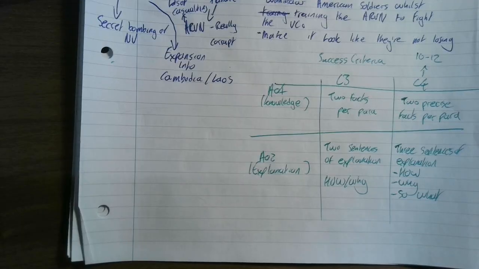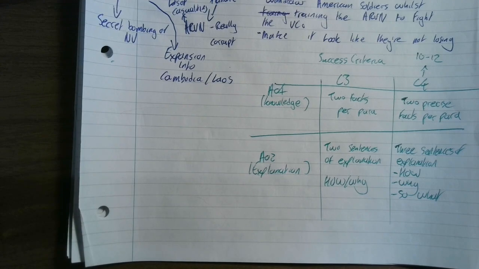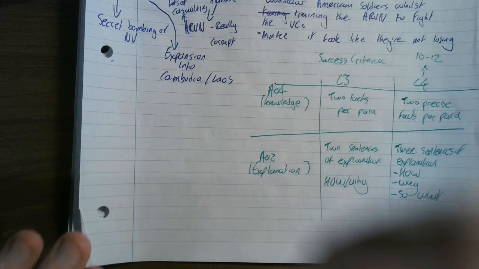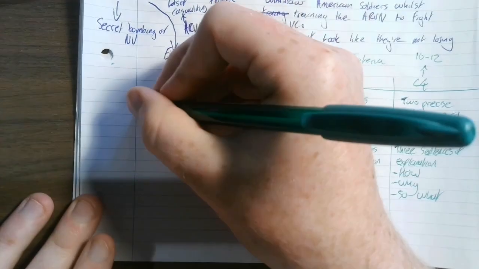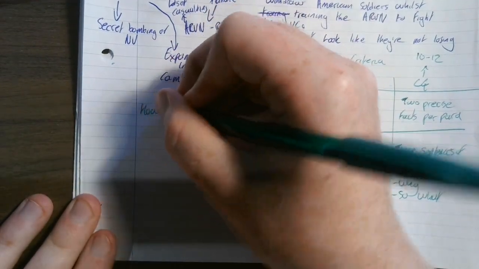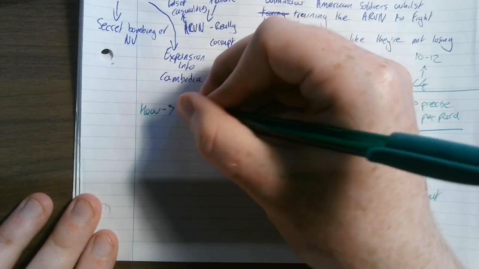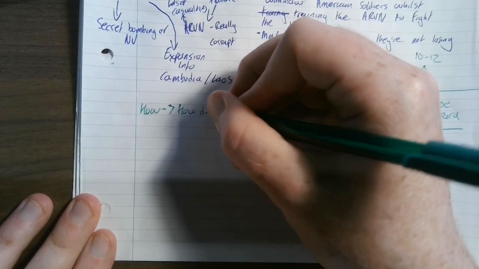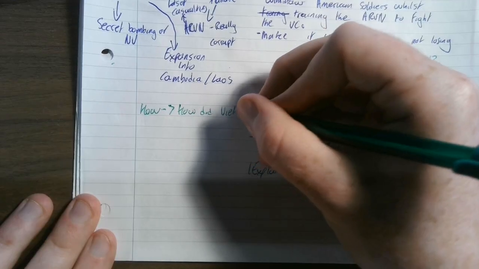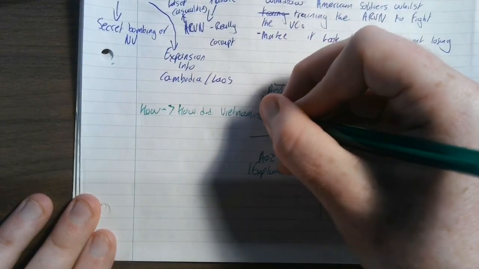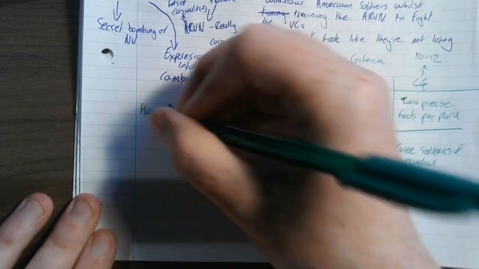I really want to define this, because what Edexcel call analytical explanations, you can't get level 4 without. So for your how, let's say we're talking about Vietnamization, you are saying how did Vietnamization lead to changes.